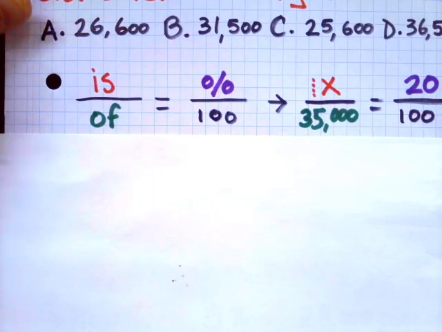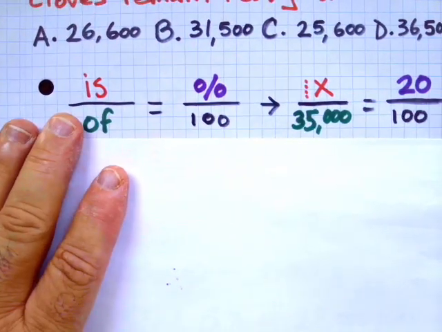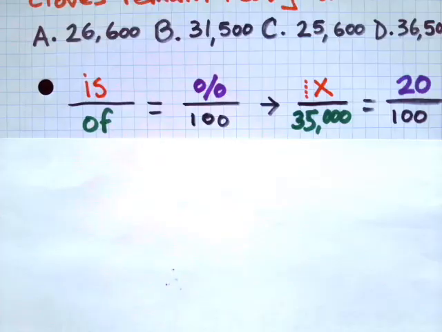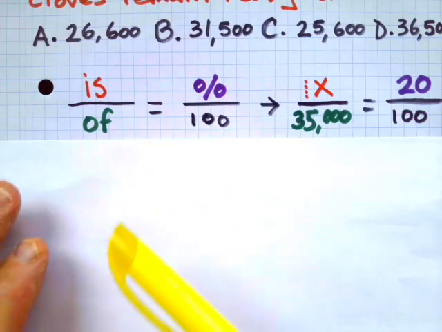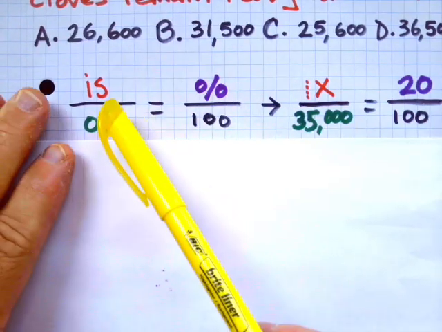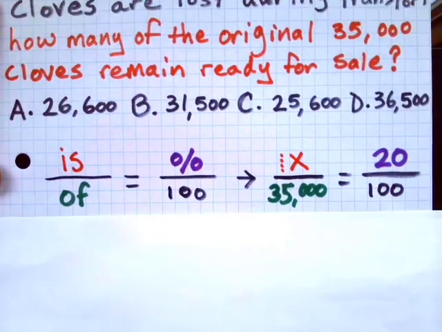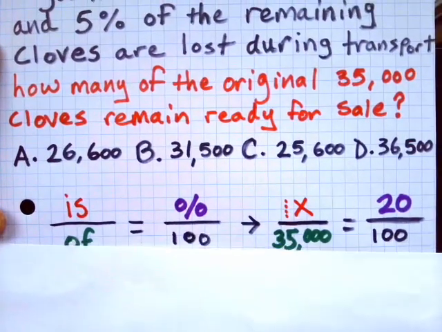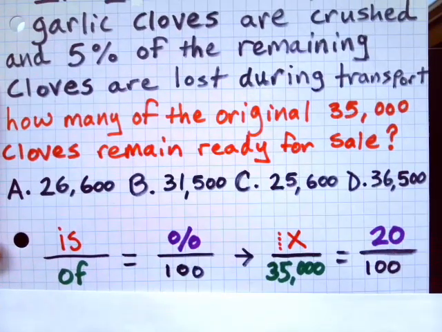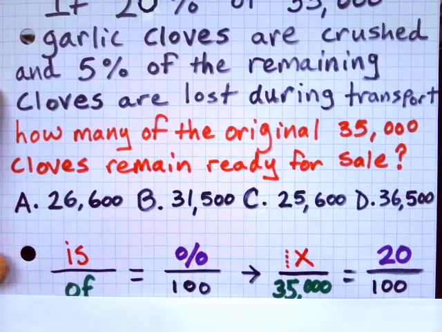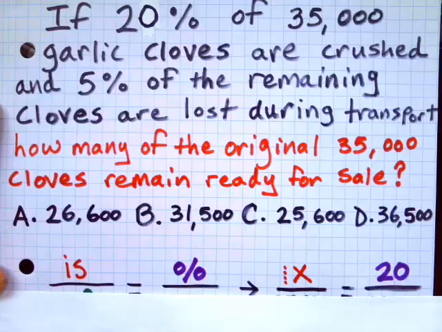Is over of equals percent over 100. If you watched my part 1 and 2, I talk about setting up a formula using cross product. So as we look up in the problem, I'll bring this down a little bit so we can read the question again.